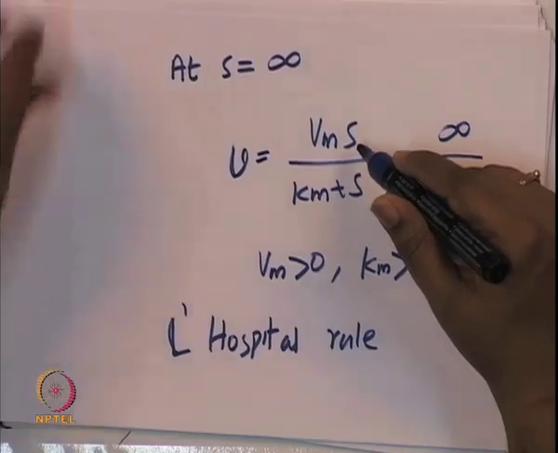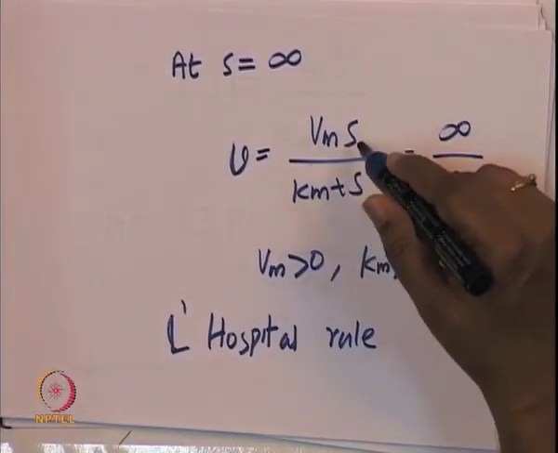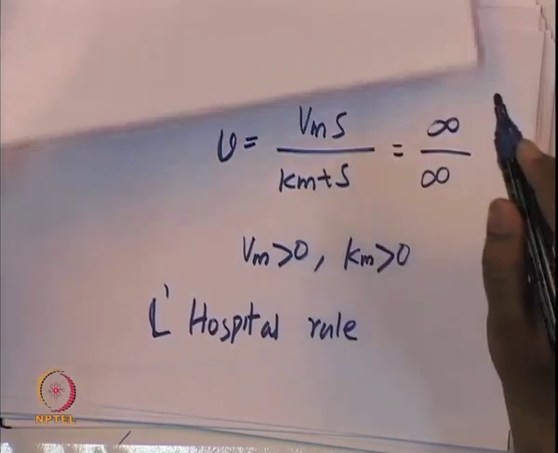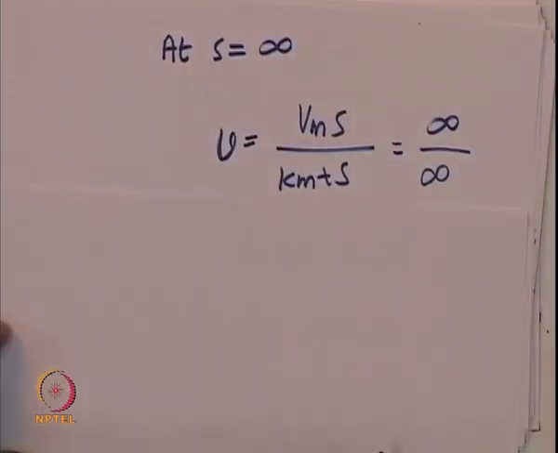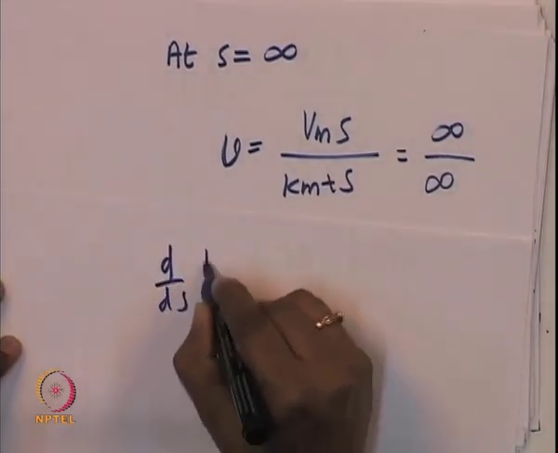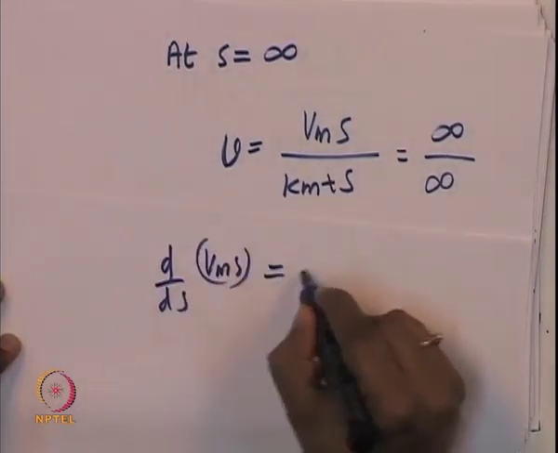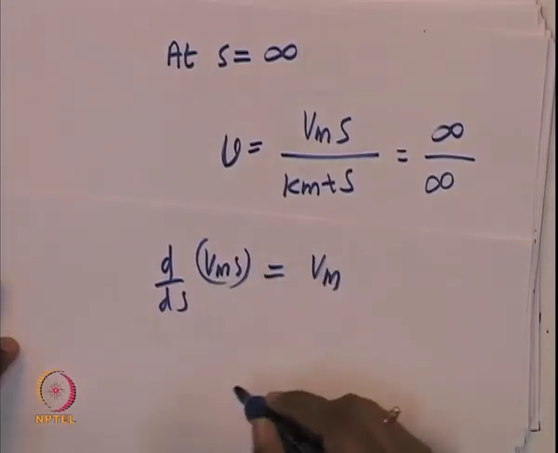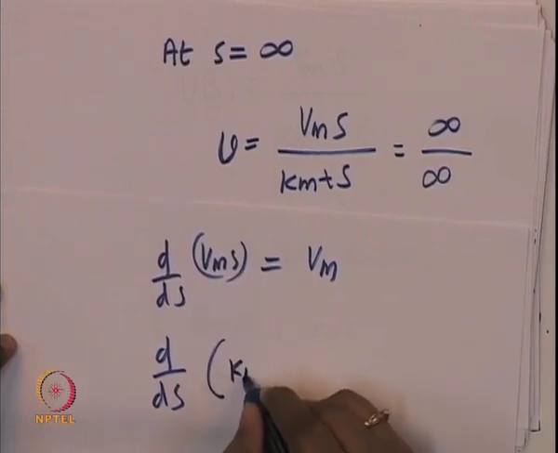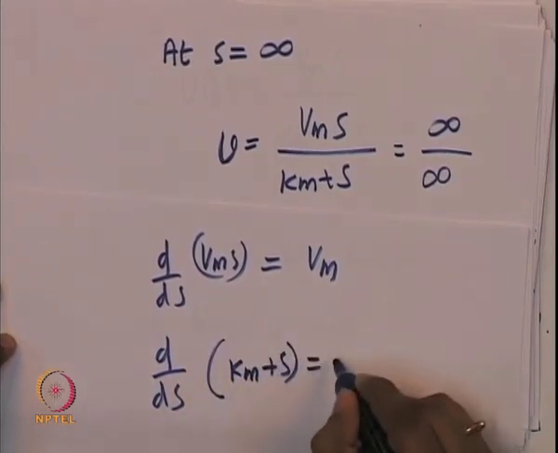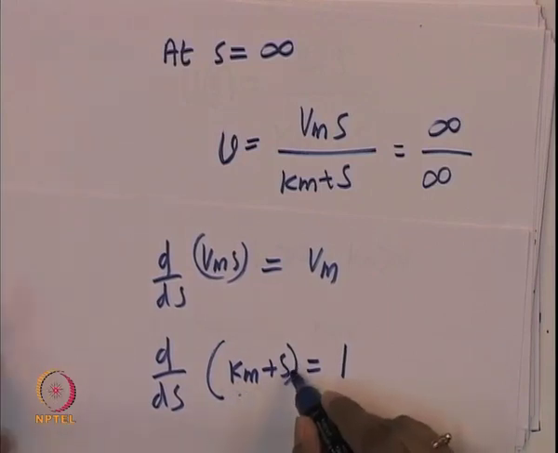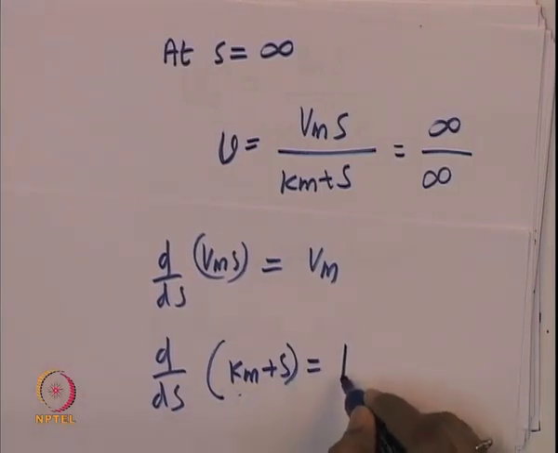The derivative of Vm s with respect to s is just Vm, the derivative of the numerator. The derivative of the denominator, Km plus s, is 1, because the derivative of Km is 0 and the derivative of s is 1.